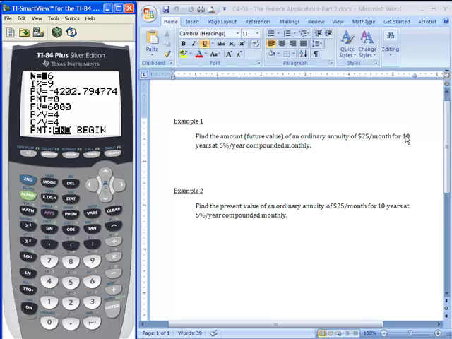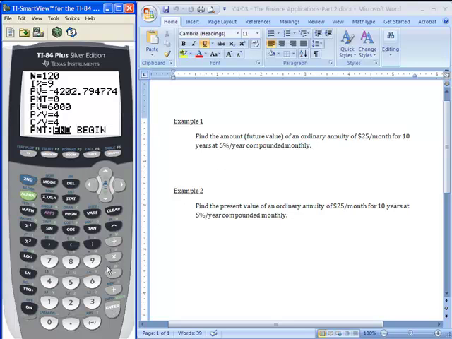This is a 10-year deal with monthly compounding, so we're going to take 10 years times 12 compounding periods per year, and we will end up with 120 compounding periods once we type that in and press enter.